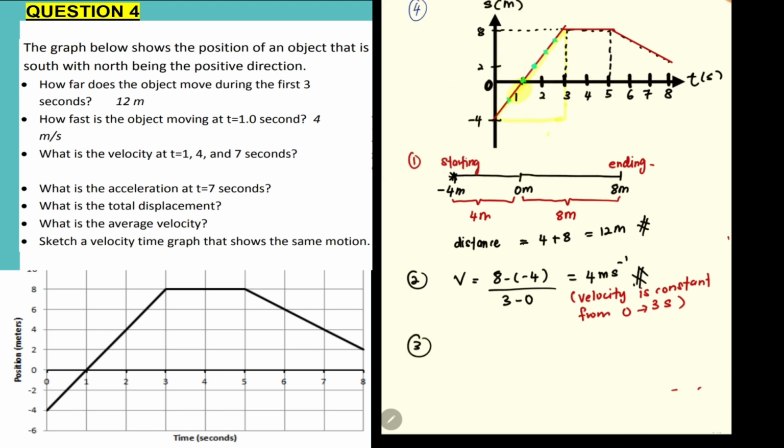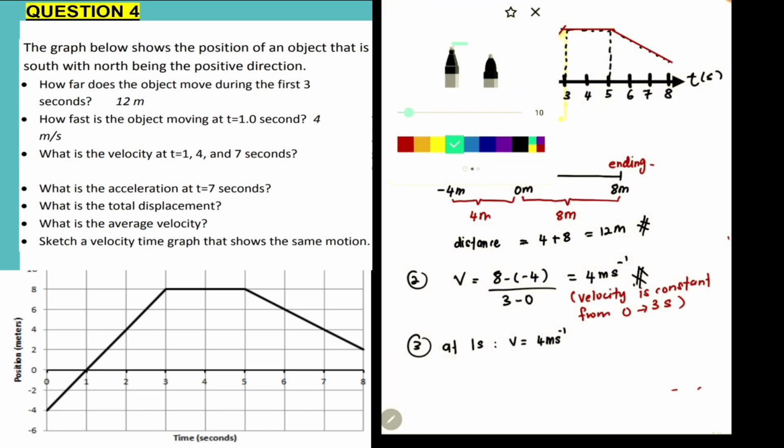3. What is the velocity at 1, 4, and 7 seconds? At 1 second, we calculated earlier. The velocity is 4 meter per second. And how about the velocity at 4 and 7? You can see here at 4 seconds, let's use another color.